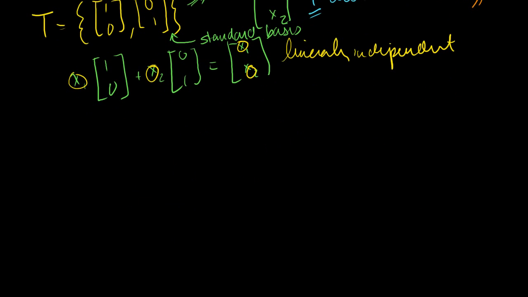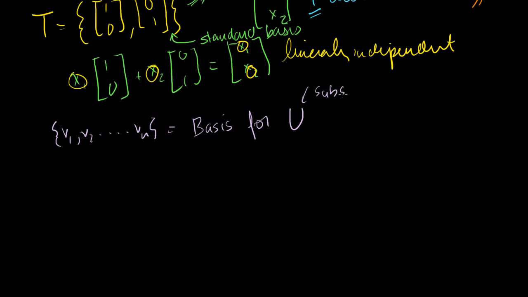Let's say that the set v1, v2, all the way to vn is a basis for, I don't know, just some subspace U. So that means that these are linearly independent, and it also means that the span of these, or all of the linear combinations of these vectors, will get you all of the possible members of U.